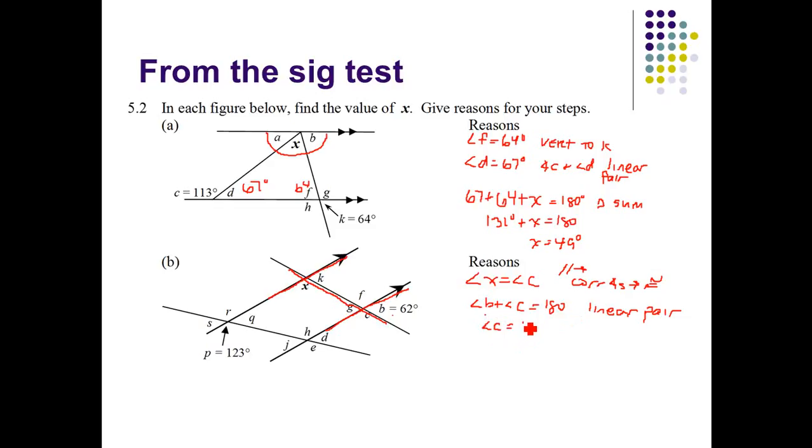So we have 118 is angle C. Well, angle X equaled angle C, so angle X equals 118 degrees. We already explained it up there. Now I did that in a little different order, but maybe that's where you could have seen it. So you just have to work your way through and try to figure out the different parts of the triangle.